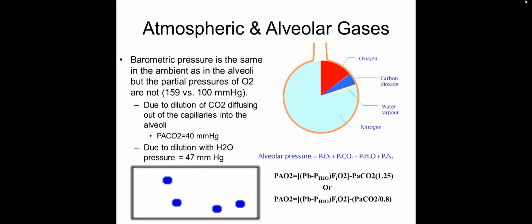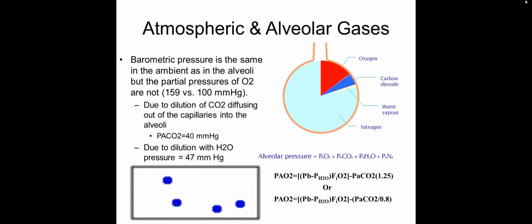Now, if we look at the figure to the right, it's representing an alveolus. The light blue or turquoise represents nitrogen, and obviously that takes up most of the space in the alveolus. Then in yellow, we have water vapor pressure, and then in blue, we have carbon dioxide pressure. Those lines are obviously not to scale, but you get the idea of how they're taking up space.